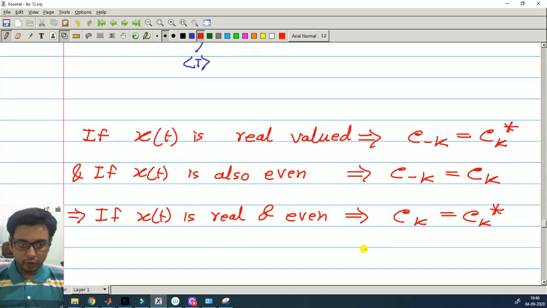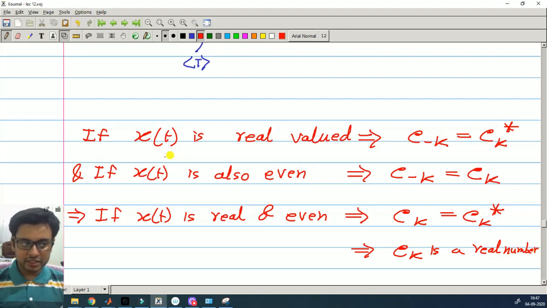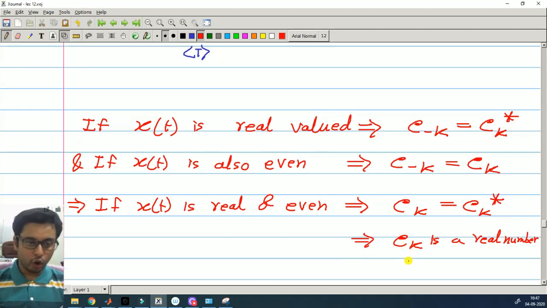That is only possible if c k is a real number. That means if we have an even real valued function, then the complex Fourier coefficients will all be real numbers.